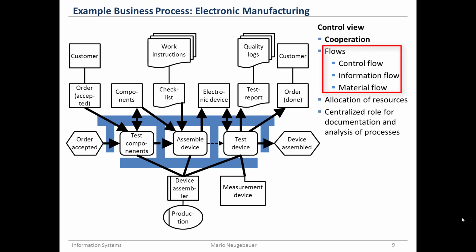So you somehow model, you somehow tell what steps follow on each other, and also what initiates a certain process step and what comes out of a certain process step. What you also can model in this control view is the material flow, such that you know how the material, the physical goods in your process move in your process. Where are they important? Where are they not important? Maybe also.